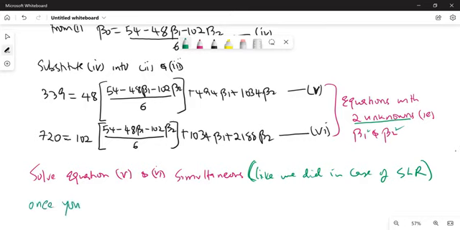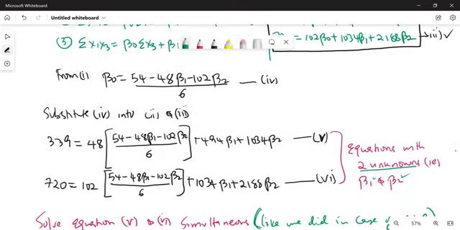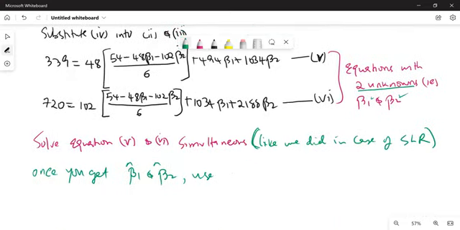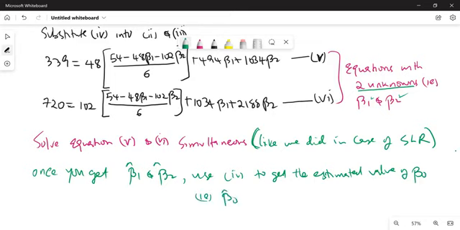Once you get beta 1 and beta 2, of course, these are estimates, you use equation 4 to get the estimated value of beta naught. So you'll end up with the estimated values of beta naught, beta 1, and beta 2.